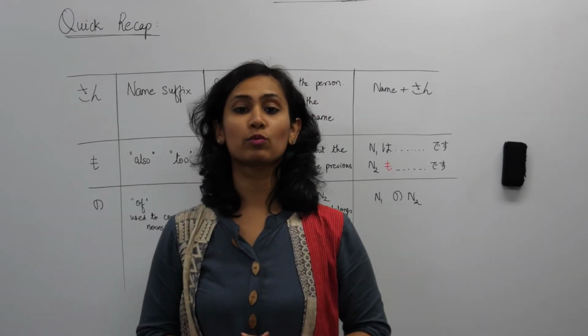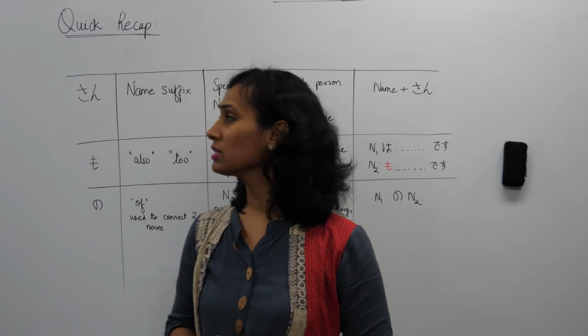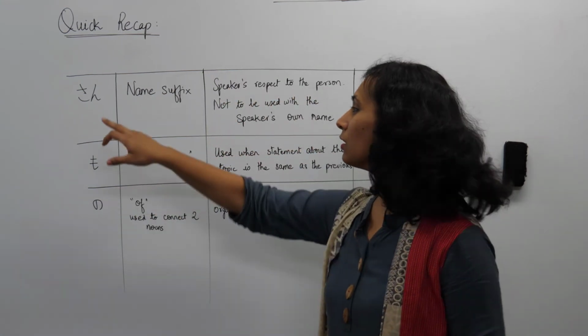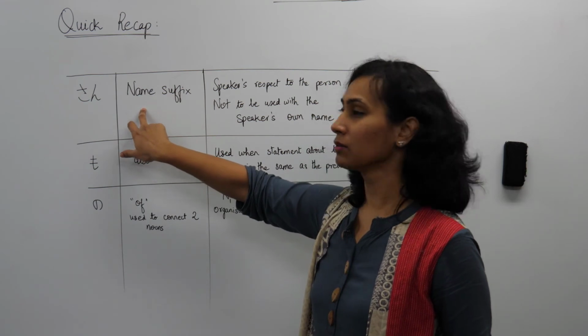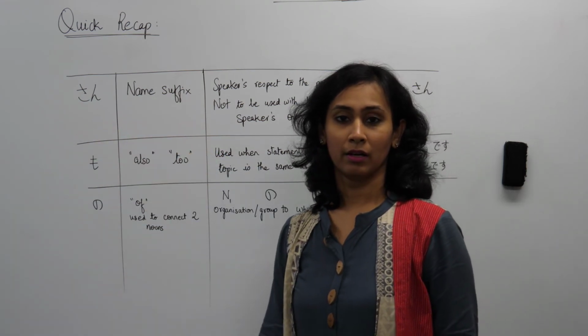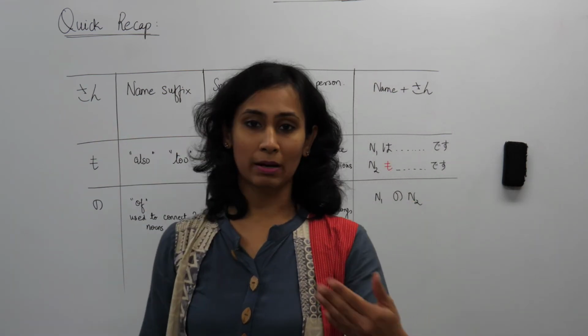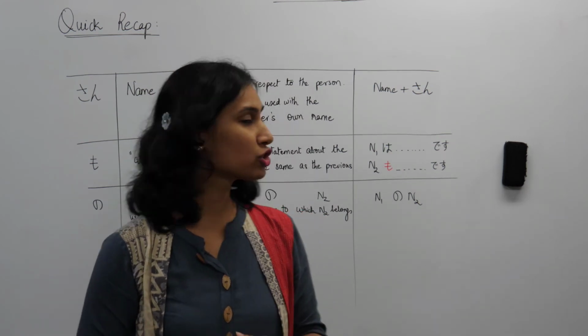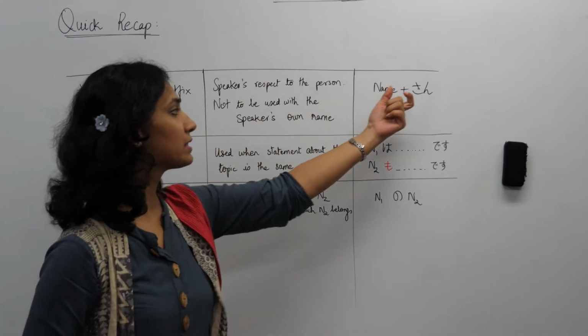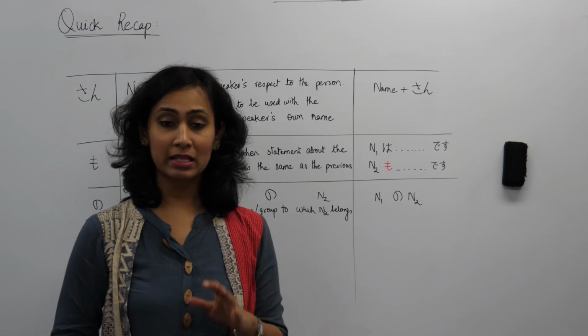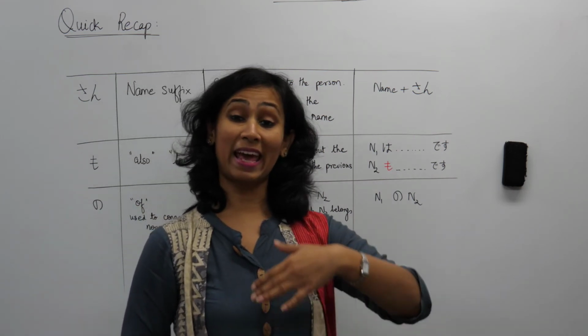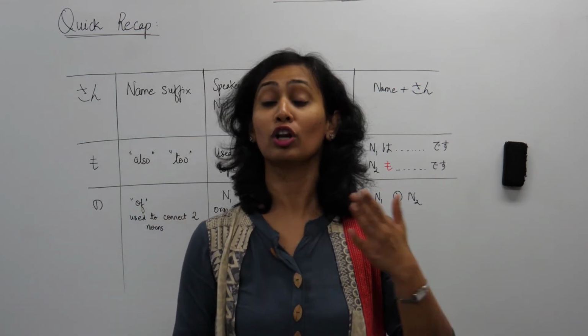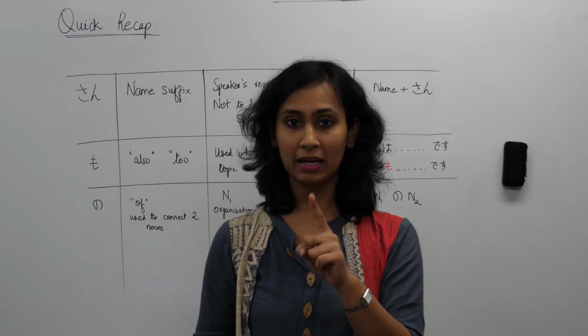The next three things which we had covered was the name suffix called san. Whenever you refer to someone else's name, you attach the suffix san after the name. This is to be used with any other person's name, but not your own name. Keep that in mind.